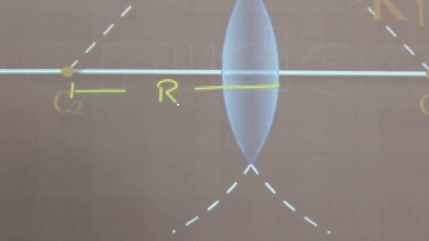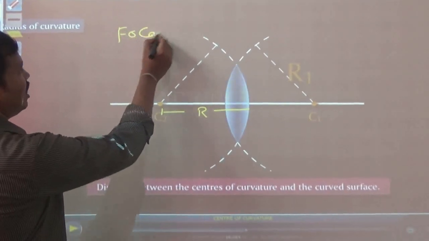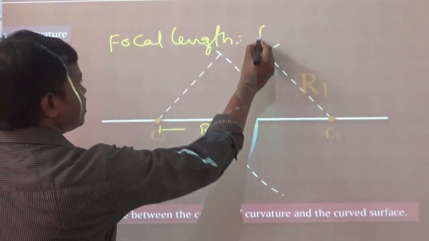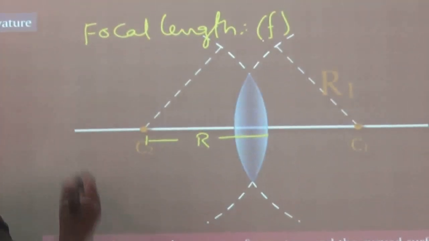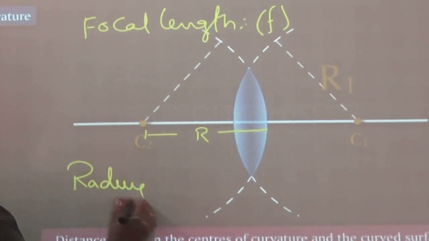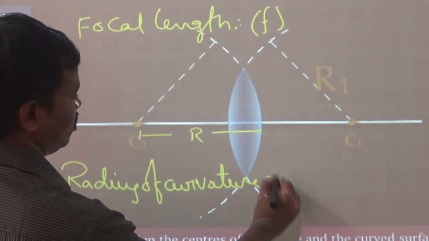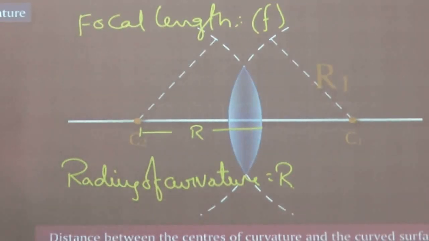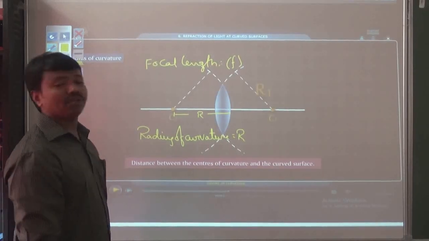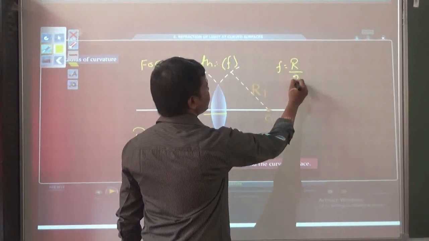Sometimes the relation between the focal length, small f, and the radius of curvature, capital R: focal length f is equal to half of the radius, f is equal to R by 2.